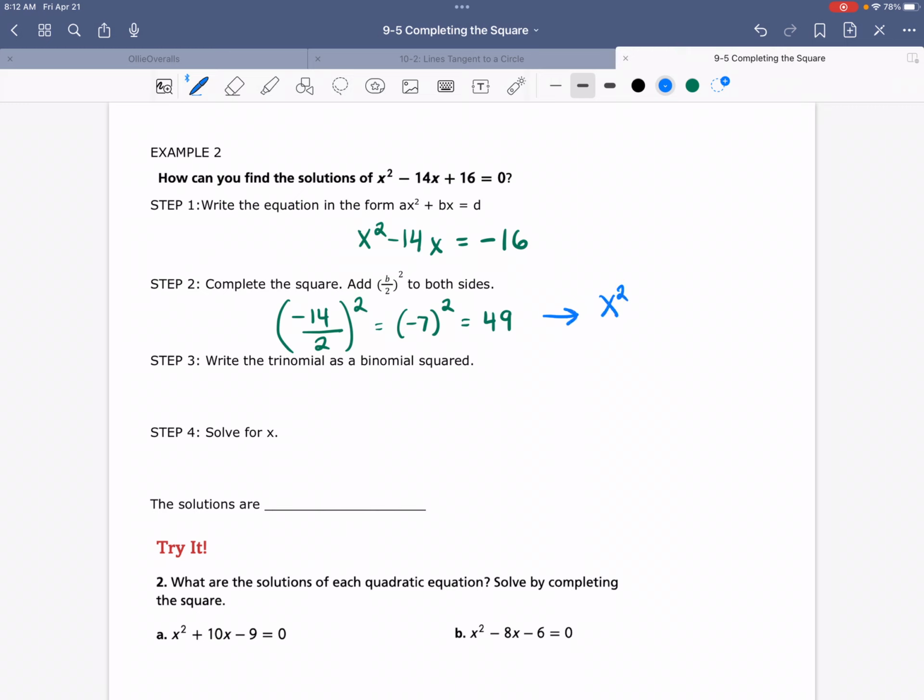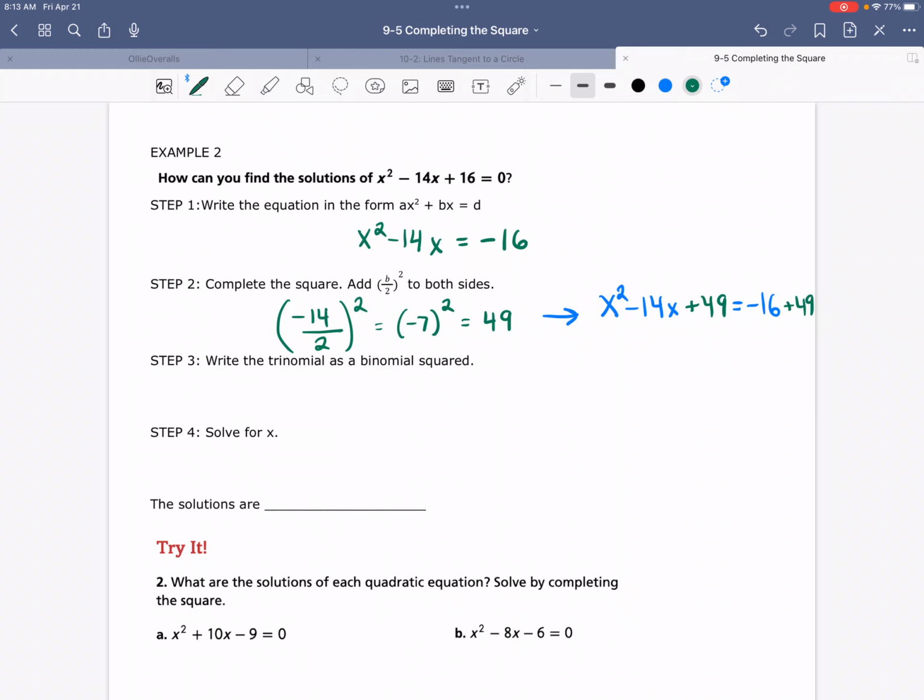X squared minus 14x. We're going to add 49, and that's going to equal negative 16 plus 49. And the step 3 says we're going to write the trinomial as a binomial squared.